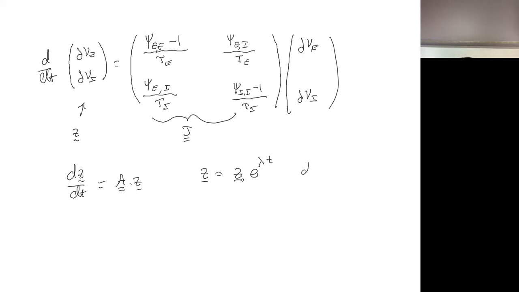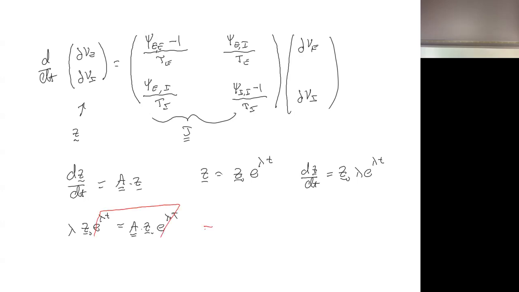So dZ dt equals Z0 lambda e to the lambda t. Differentiating the exponential just brings out a factor of lambda. And when we do that, we get lambda Z0 e to the lambda t equals A dot Z0 e to the lambda t. And of course we can cancel the exponentials from both sides.